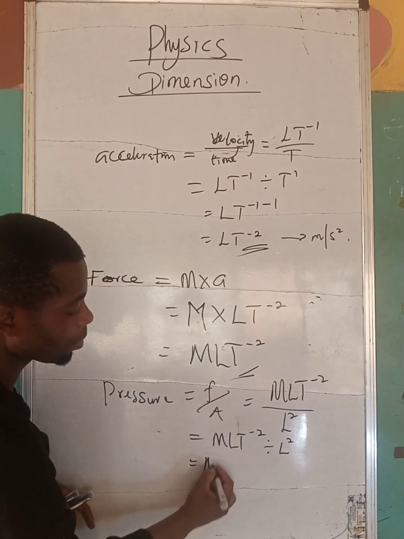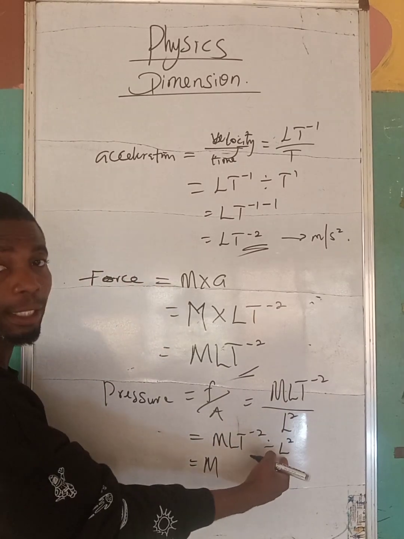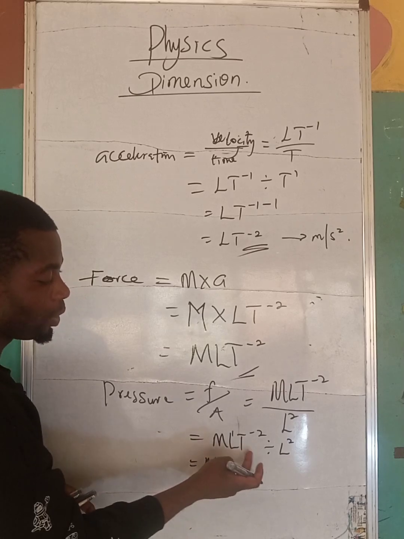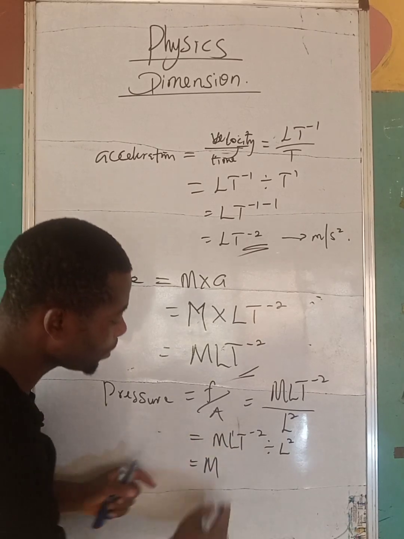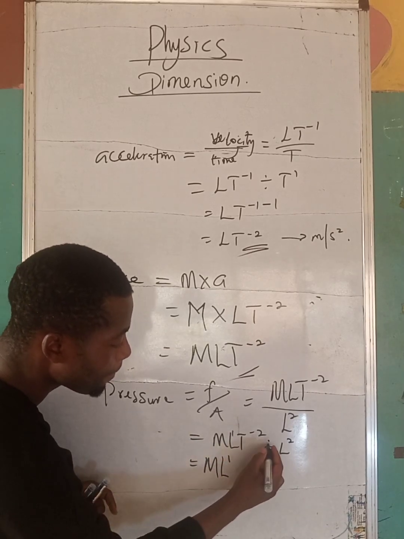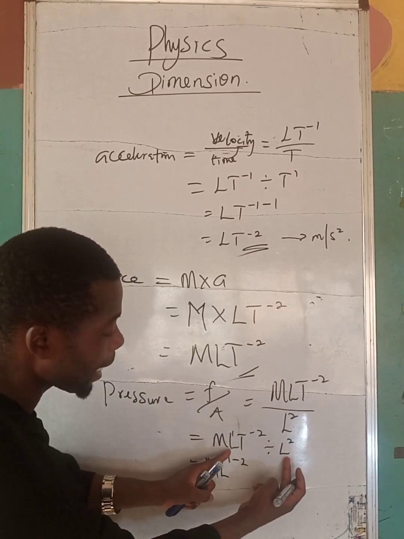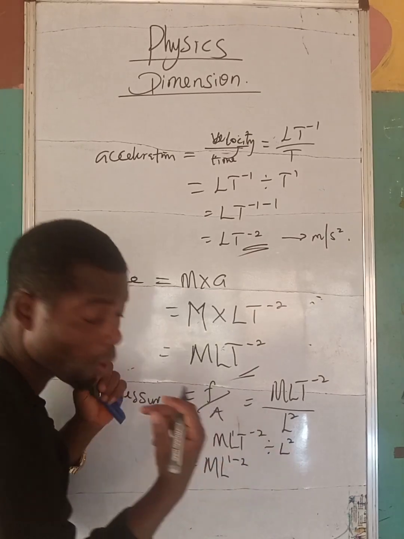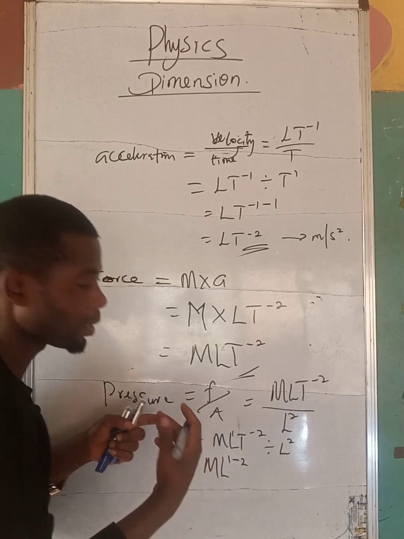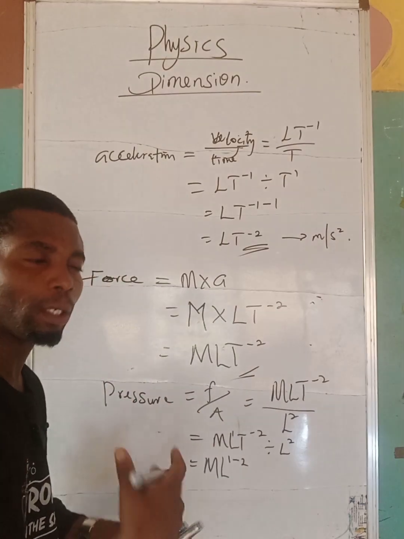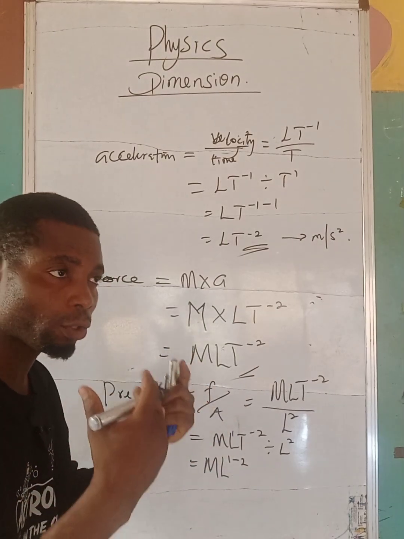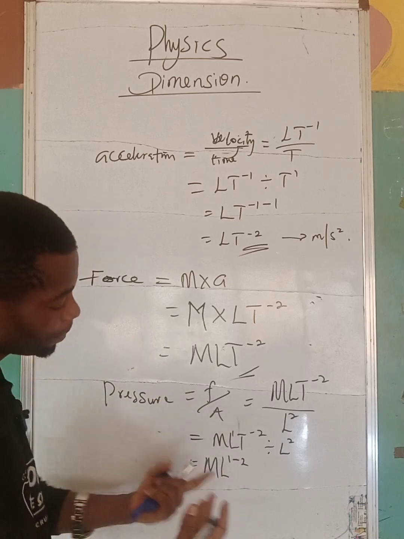So at the end of the day, this one will be M. L is here, L is here. There is one here, so this division will change to minus. It's going to be L^1, then minus, it has become minus 2, because you take L and L. You understand? You take one L according to the law of indices. When the base is common, you pick one, and you add or subtract the power depending on the sign.